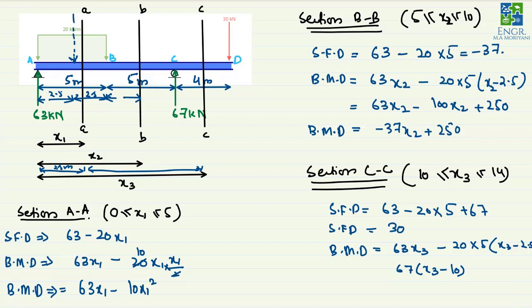If we subtract 10 from this x3, we will get this distance. So this is 67 multiplied by x3 minus 10. If we simplify that, we will get the equation which is 30x3 minus 420. So this is our bending moment diagram equation.